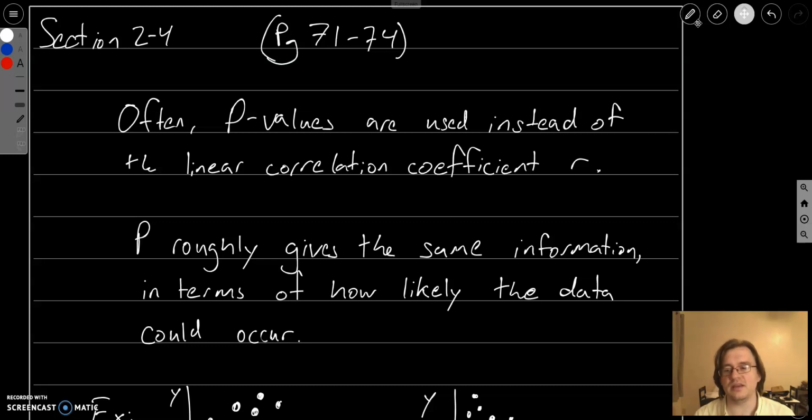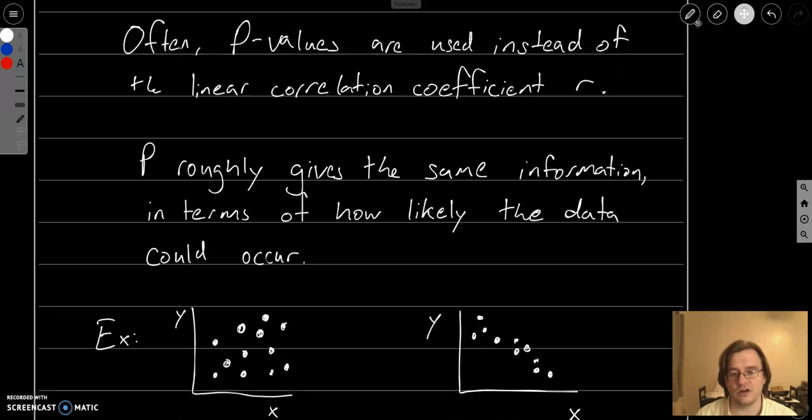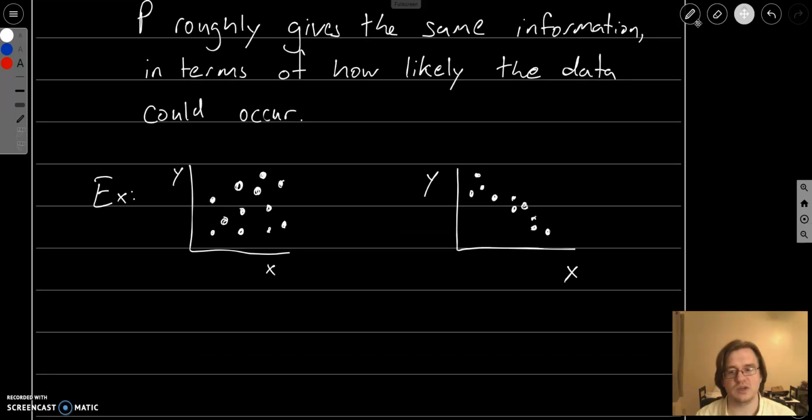In this terminology, P should stand for probability. It tells you how likely the data could have occurred in a random situation.